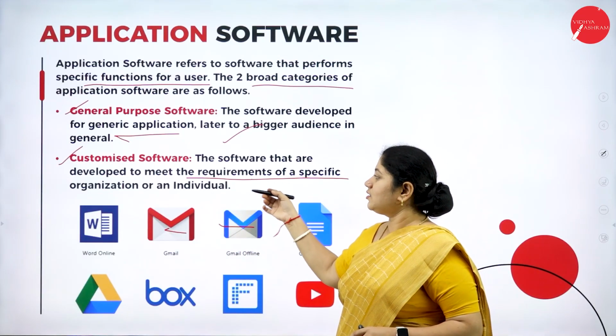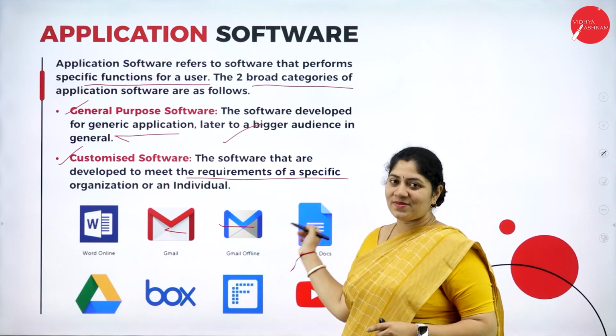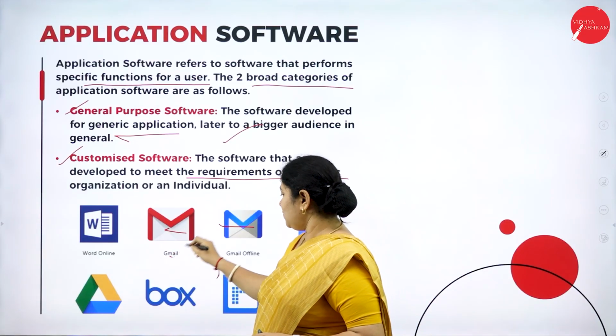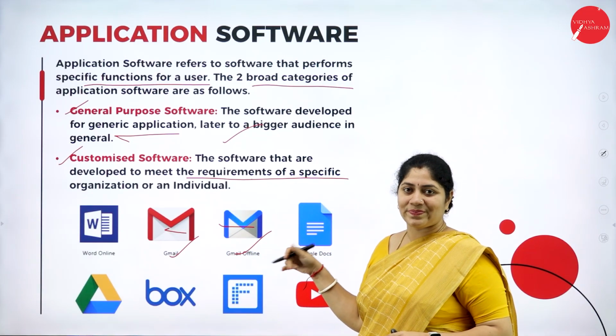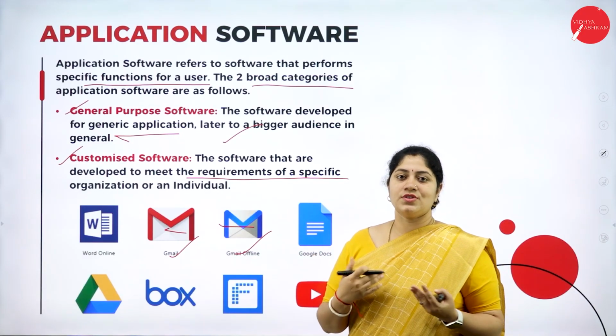So these are the customized software. Over here, you can see multiple general purpose softwares, like Word Online, Gmail Offline, Google Documents, Drive and all. Yes, so this is all about the application software.